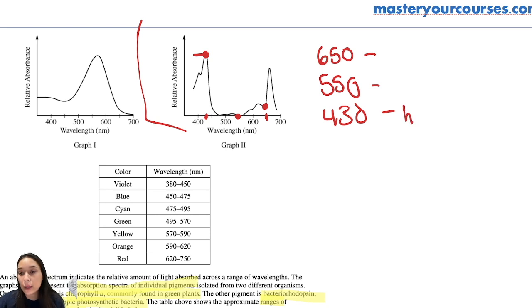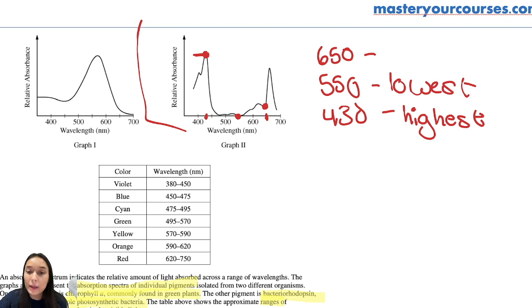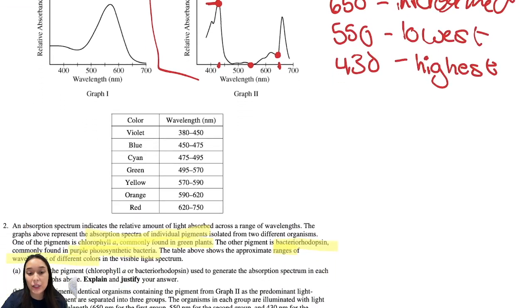So 430 is going to be the highest. 550 is going to be the lowest. And 650 is not incredibly high, but it's higher than 550, so we'll put this as the intermediate. So the highest amount of photosynthesis would be at 430, the lowest at 550, and 650 is an intermediate.